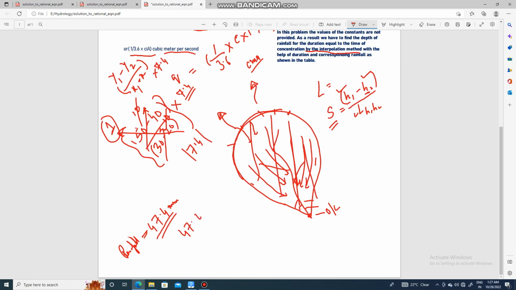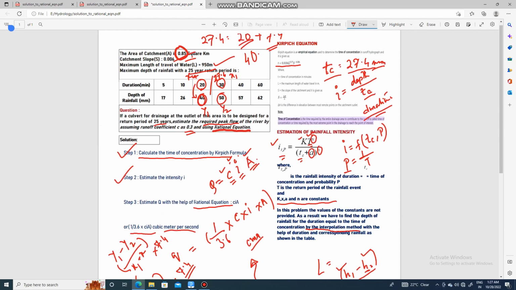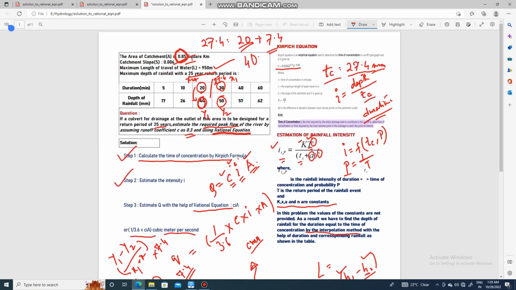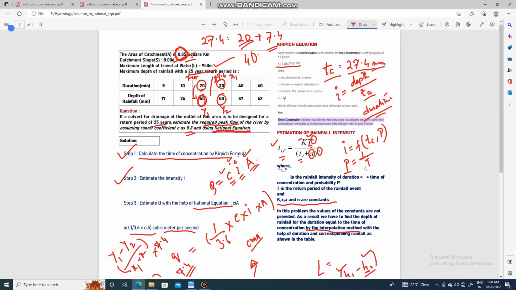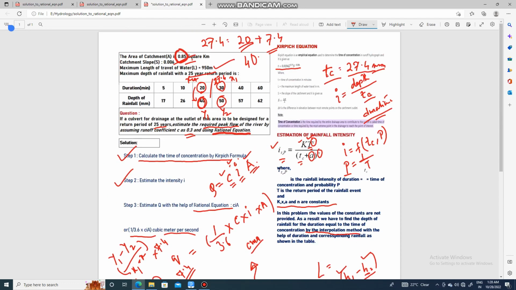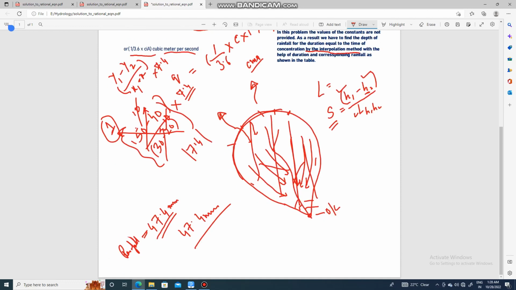So 47.4 millimeter is the depth of rainfall, divided by the time of concentration, because basically I is the depth of rainfall divided by the time of concentration.